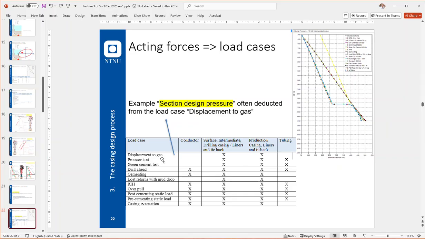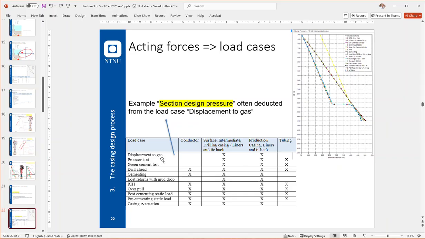So what does this section design pressure actually mean for us? In operations, it means that before you drill out the casing, you need to pressure test it to this level. This pressure test is what we certify the casing with, saying yes, it's good enough for the life cycle of the well.